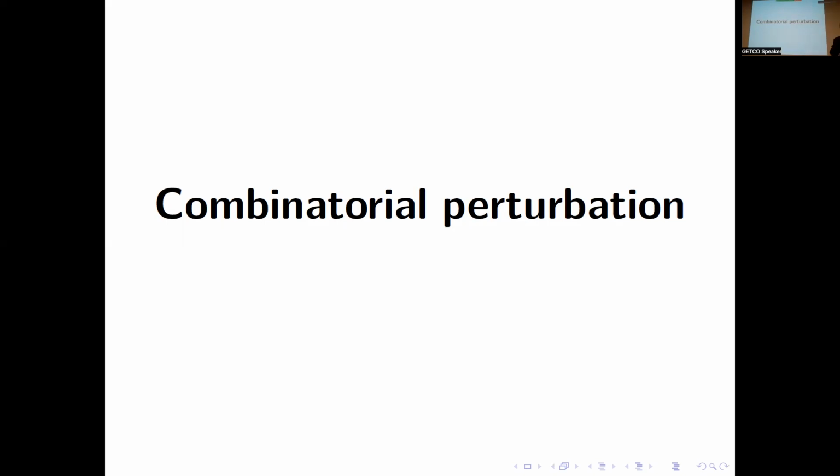But if our dynamical system changes too much, then a lot of unexpected things might happen. So we decided to take a little step back and really try to see what is the minimal step that we can have in the combinatorial world. This way we started studying something that I called here combinatorial perturbation.